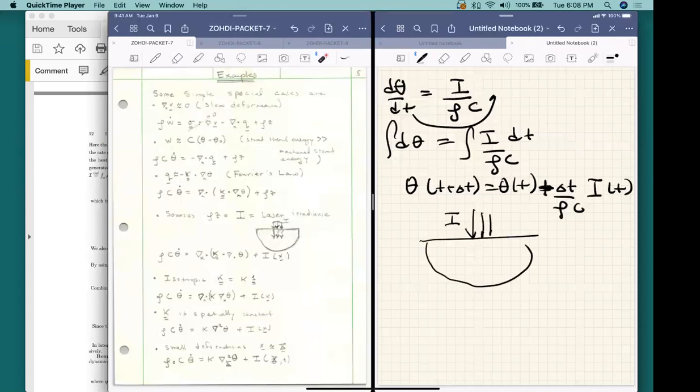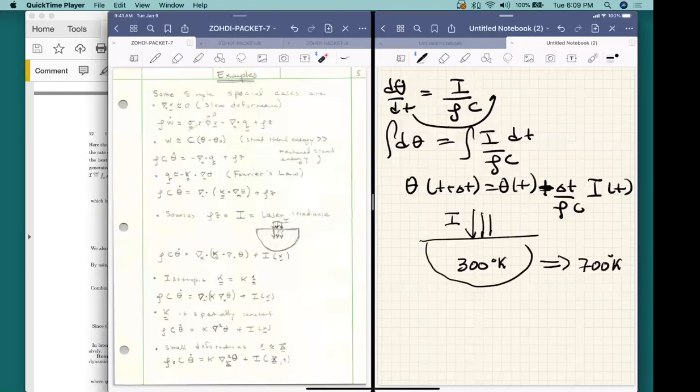How long should I lase this thing to get a certain temperature? So let's suppose we start out at, I don't know, 300 degrees Kelvin, roughly room temperature. And I want to get it up to 700 degrees Kelvin. How long should I lase this thing for?